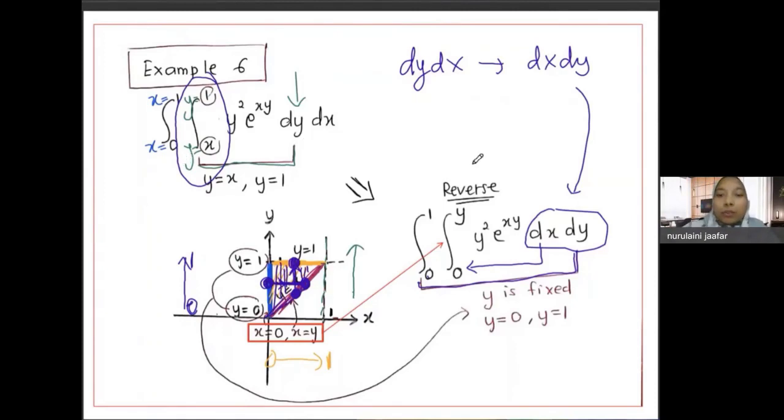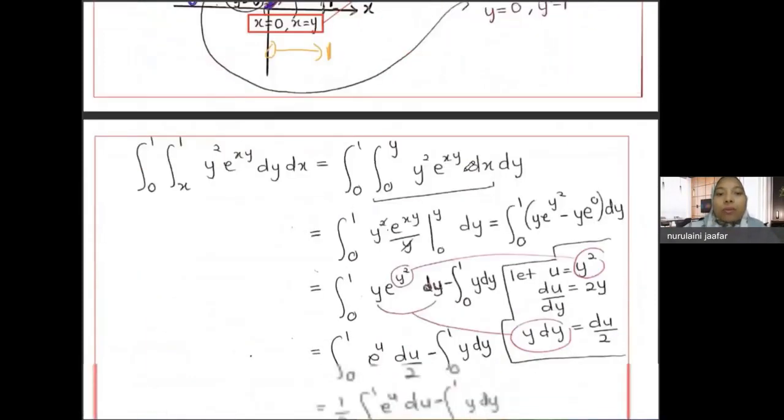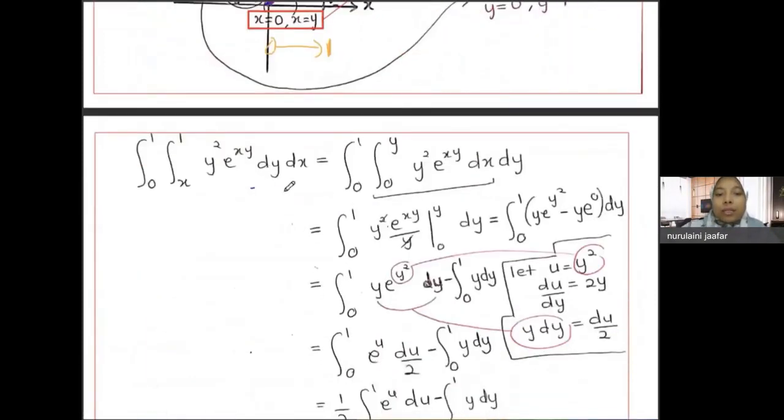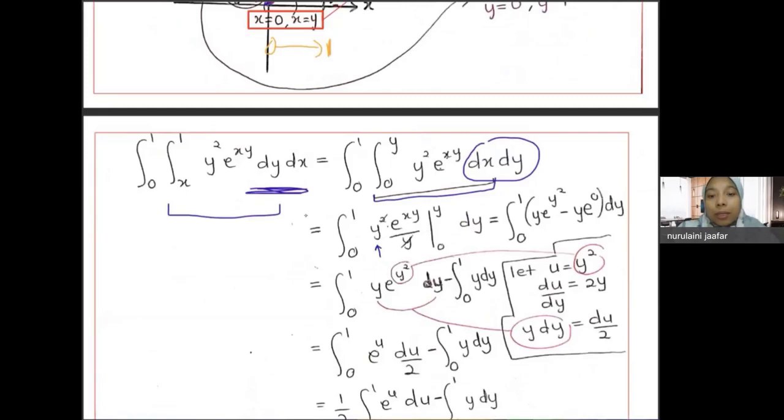Next, you already changed the order, and then you have to solve. So we solve dx first. What do we get? We have the integral of y squared times e^(xy). Integrating e^(xy), we get e^(xy), and then you have to differentiate the exponent with respect to x.